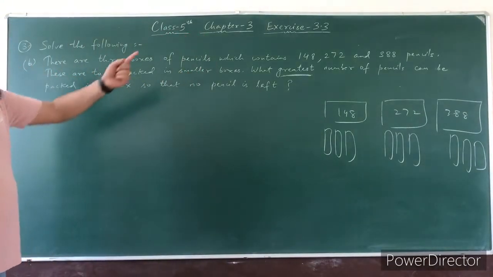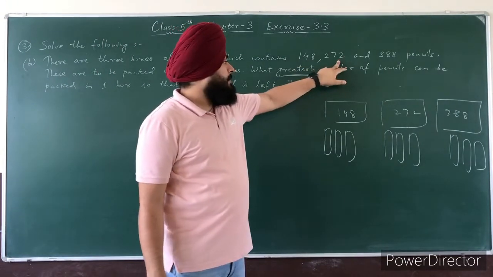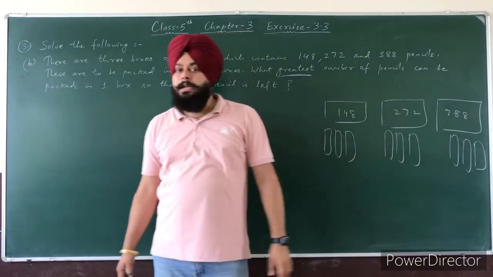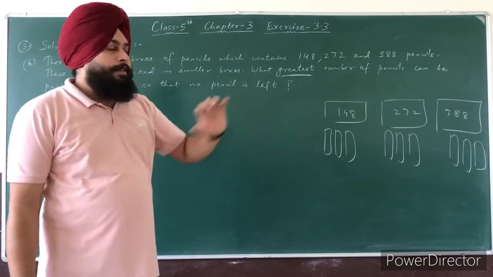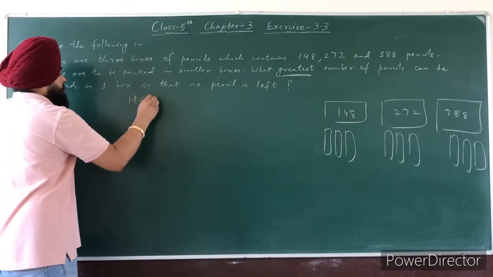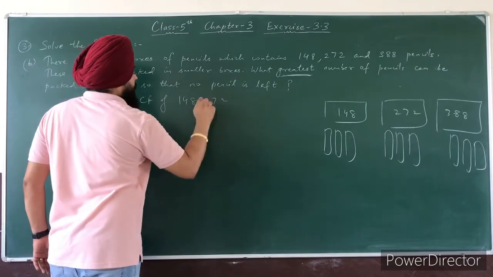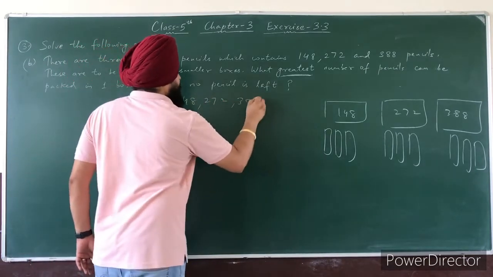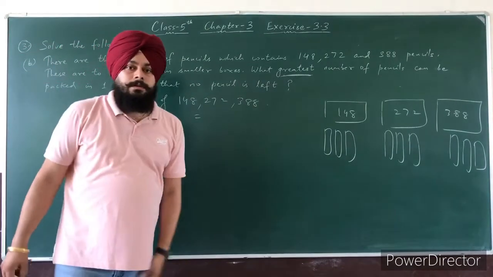So there are 3 numbers given. The first one is 148, second is 272, third is 388. So we have to find the highest common factor of these 3 numbers, HCF of 148, 272 and 388, and we will get our answer.